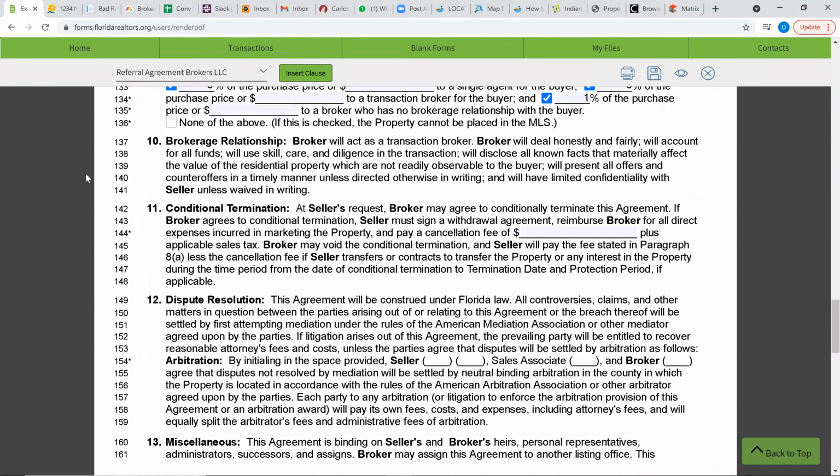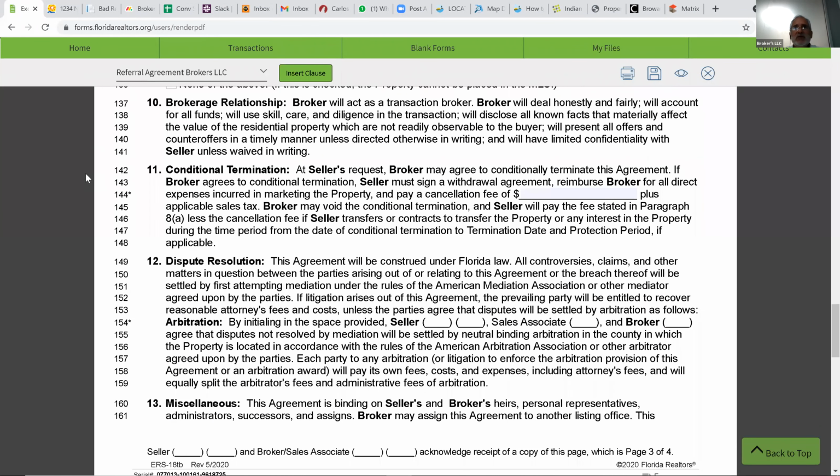What's the process? Remember that as soon as you have a listing, send a copy to the broker, because the broker in line 154 has to initial in this space right here. Seller initials, sales associate initials, and broker will be initialing right here.